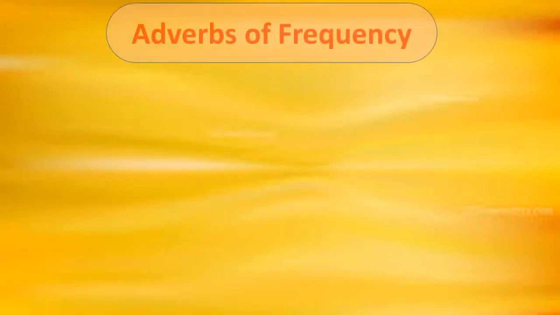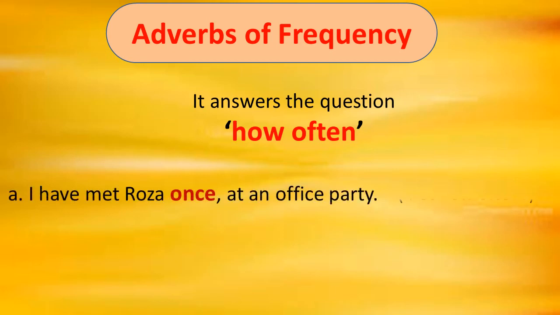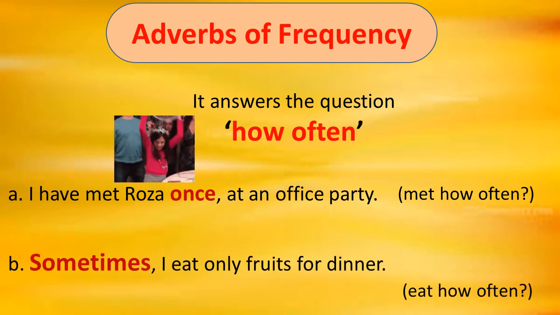Next, we have adverbs of frequency. An adverb of frequency tells us how often or frequently something happens or is done. It answers the question how often. For example, I have met Rosa once at an office party. Met how often? Once. Isn't it answering your question?